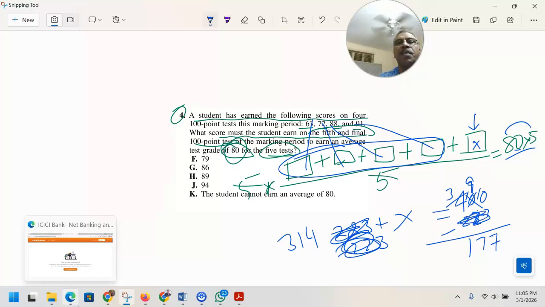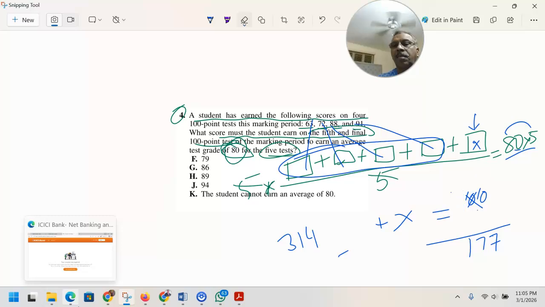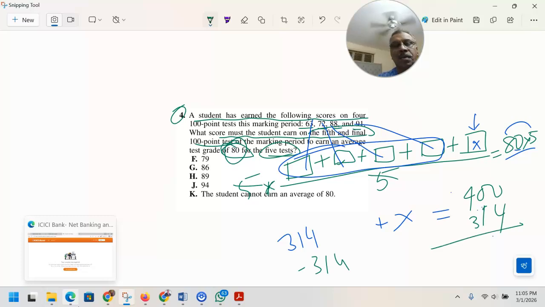And this 314 you have to subtract from 400. I'm sorry. I'm tired. But still, I'm trying to do. So this is 400, and you're subtracting 314. If you do this little maths there, you get 86.